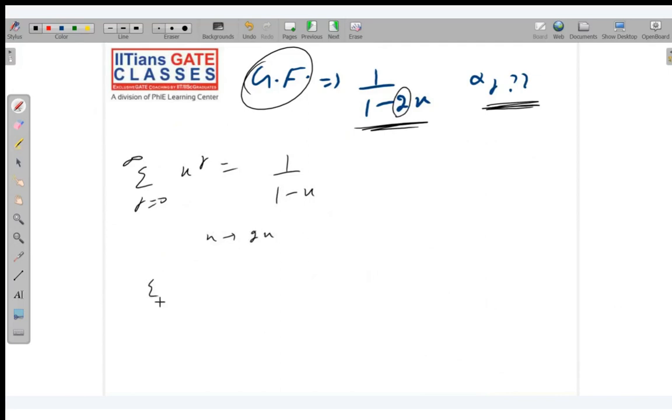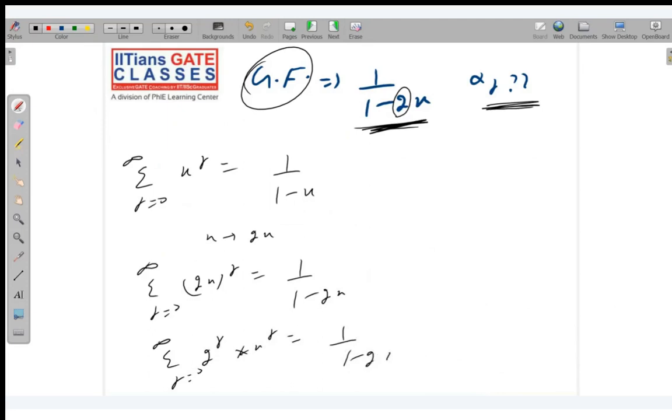Sigma r equals 0 to infinity (2x) power r is 1 upon 1 minus 2x. This is what we want. So the numeric function is 2 power r into x power r. So the numeric function is 2 power r.